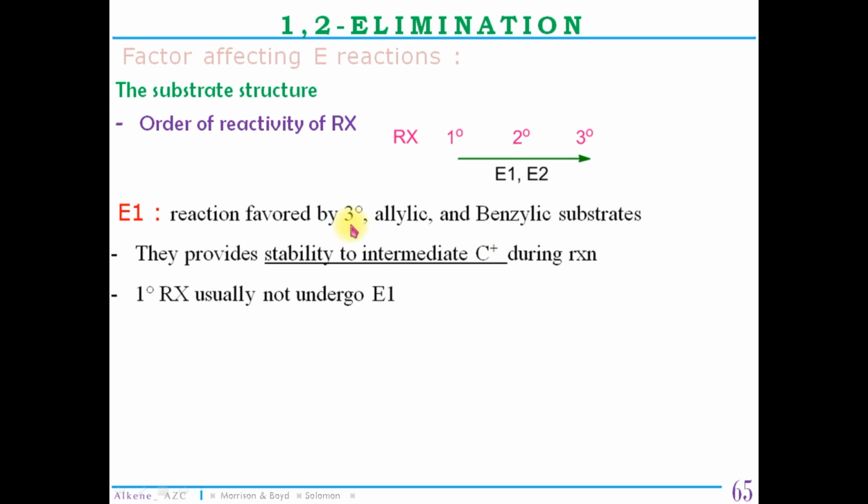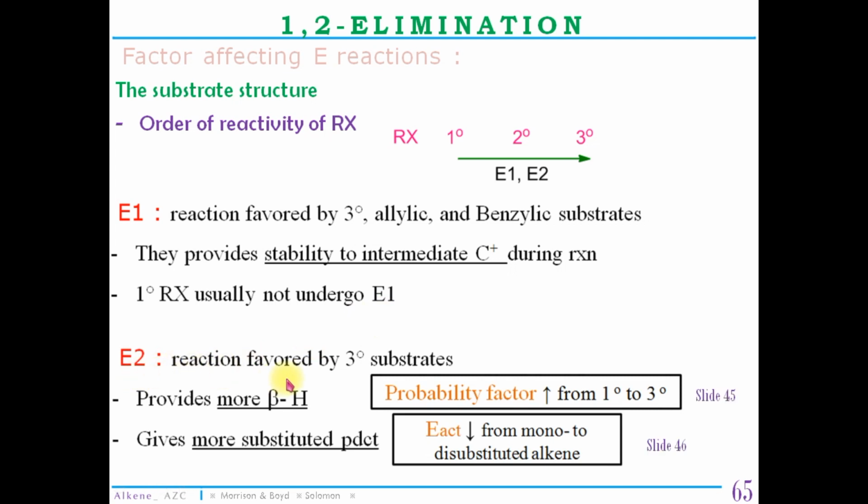Tertiary alkyl halides stabilize the carbocation with the inductive effect of alkyl substituents. In allylic and benzylic substrates, the carbocation is stabilized by the resonance effect. Normally, primary alkyl halides do not undergo E1 elimination. Why? Because if primary alkyl halides followed the E1 mechanism, they would give a primary carbocation, which is least stable. So primary alkyl halides usually do not undergo the E1 mechanism.